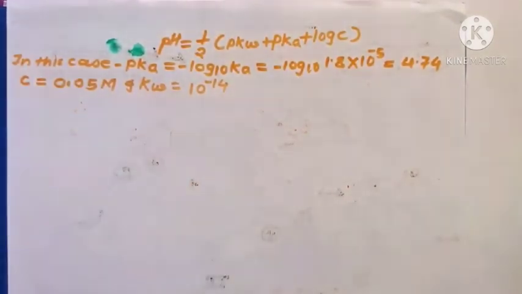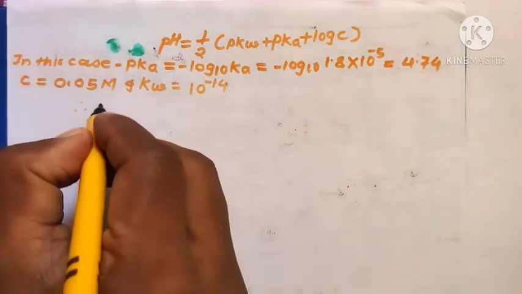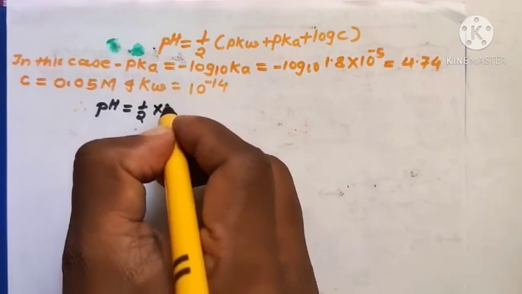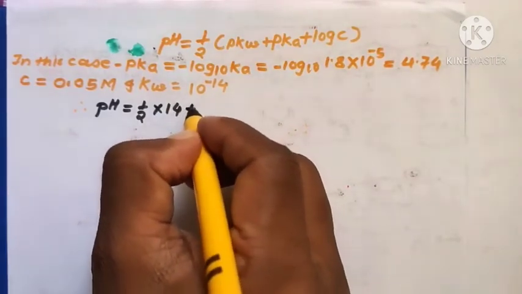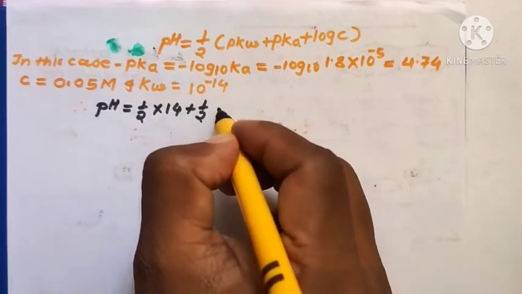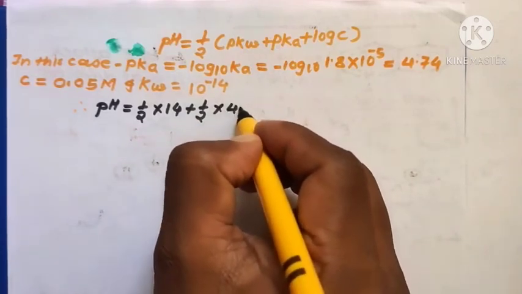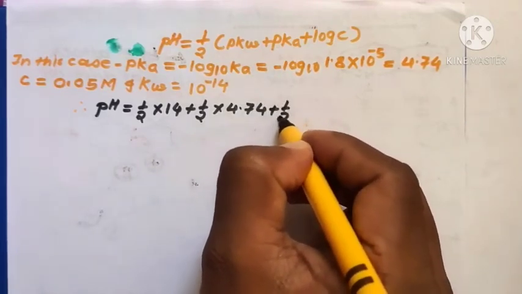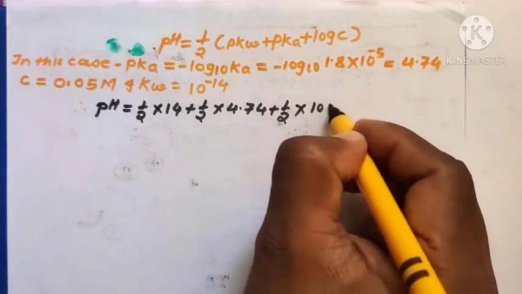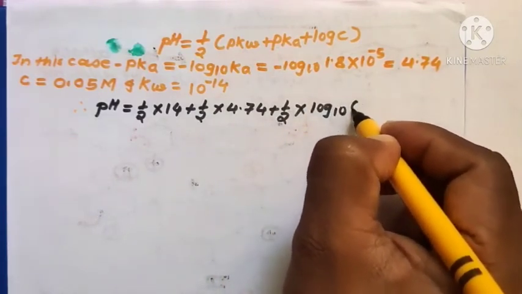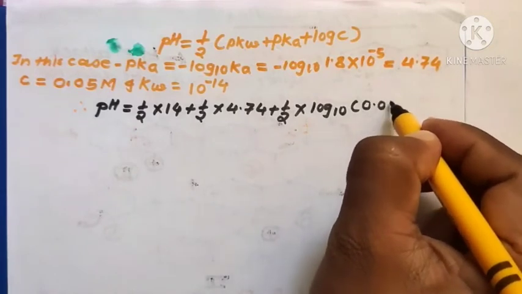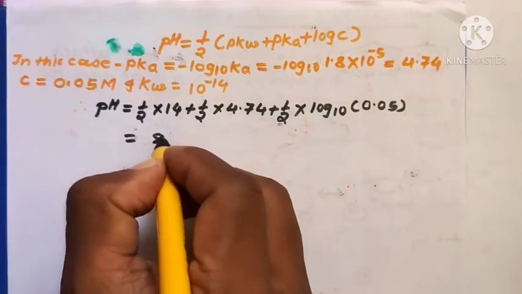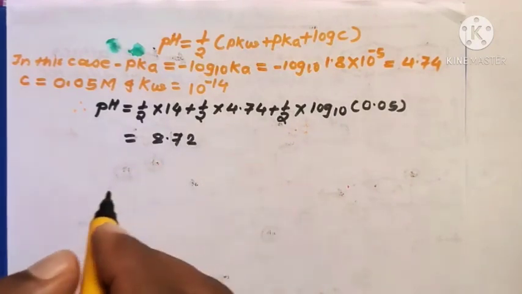Therefore the pH is equal to half into 14 plus half into 4.74 plus half into log to the base 10 of the concentration 0.05, it will get 8.72.